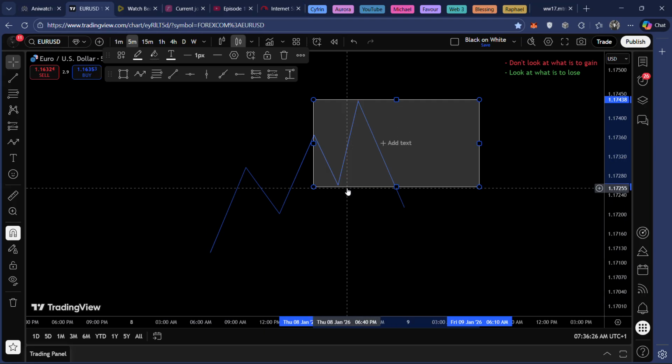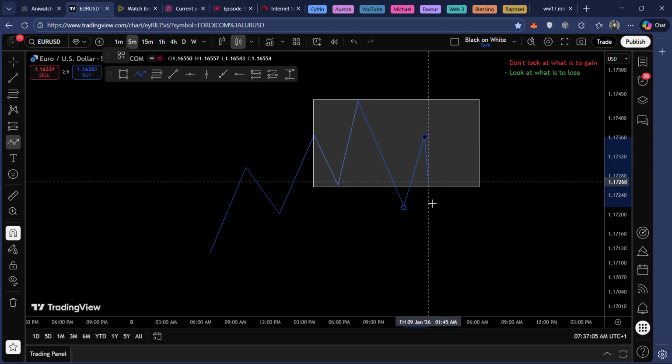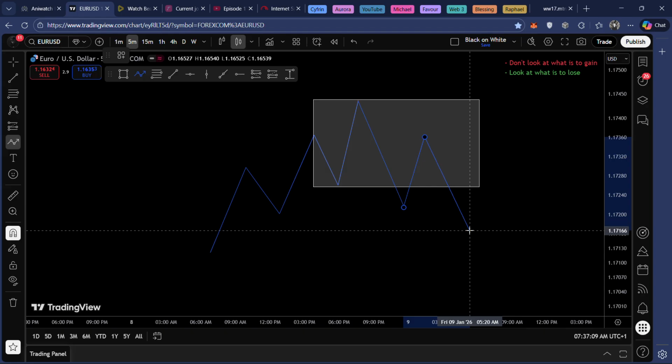You expect price to come back into this zone. So that is how the breaker block works. Expect it to come like this, then short, then sell in this zone.